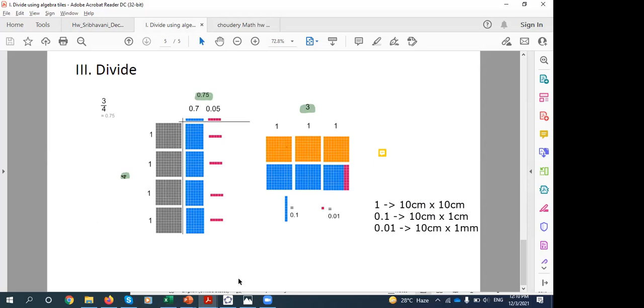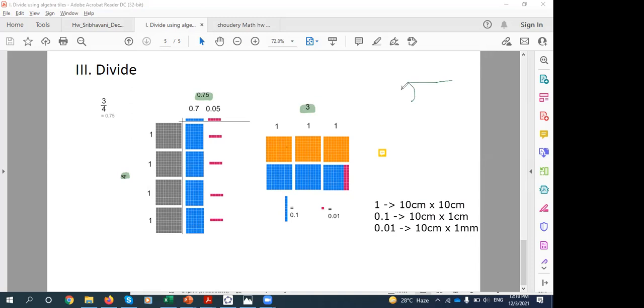Since 3 cannot be divided into 4, the 3 has been split into 30 0.1s. These blue ones are 0.1s and there are 30 of them. So if we want to write simultaneously, this is what happens.